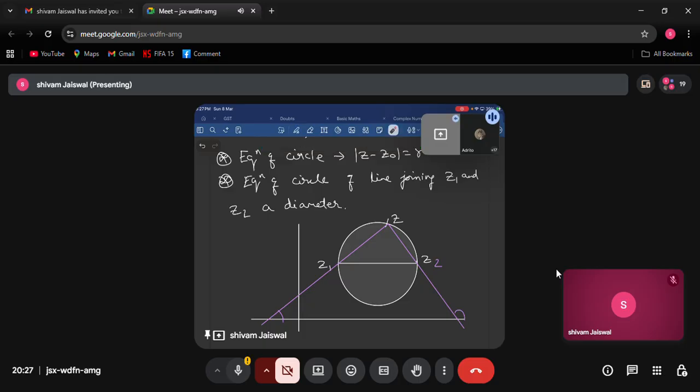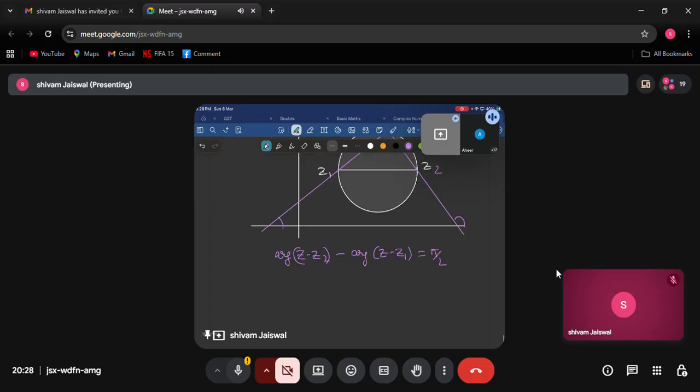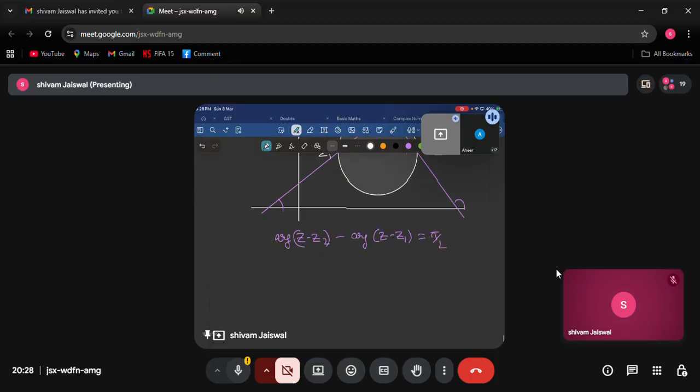And what is this angle, everyone? Can anyone tell me what is this angle? Right angle triangle? 90 degree. Okay. So can I say, everyone, that argument of z minus z2 minus argument of z minus z1 is equal to pi by 2? Then only we are going to get the diametric form. Okay, angle in a semicircle is 90 degree.